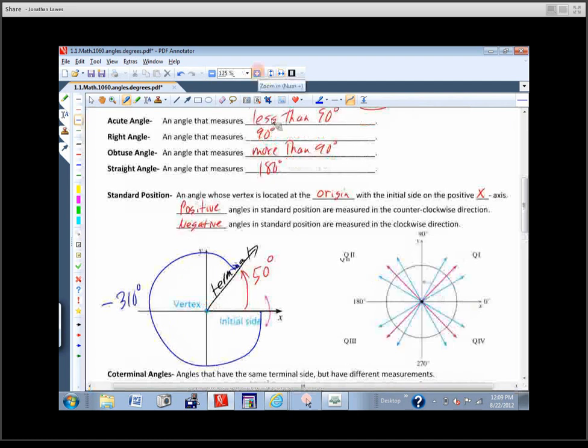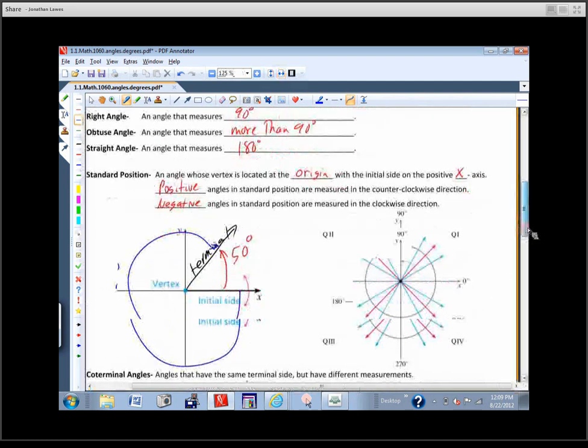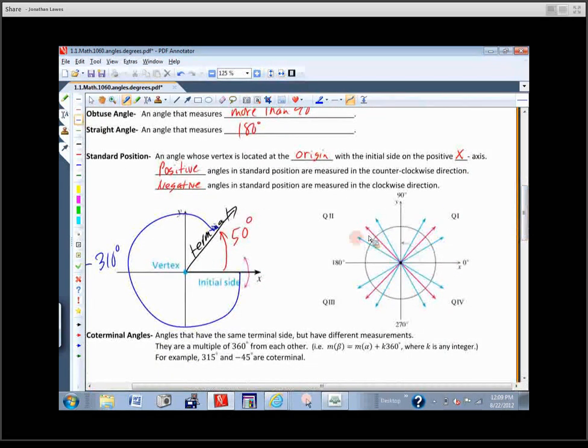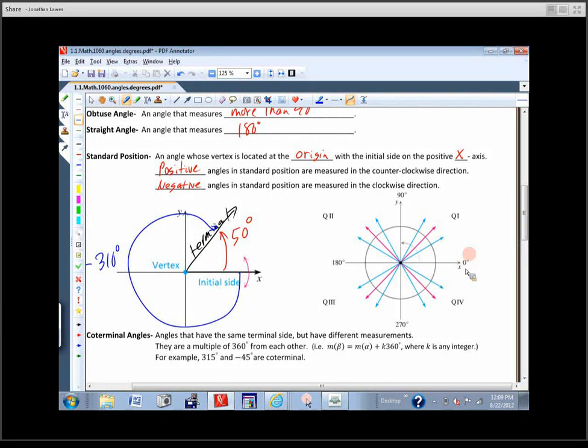But let's acquaint ourselves with how the plane normally looks. So this is quadrant 1, quadrant 2, 3, and 4, something that you're all familiar with. If we start here and mark off these angles, we'd have 0 here, 90 here as we go counterclockwise, 180, 270, and what happens if we go all the way around? This would be 360 degrees also.